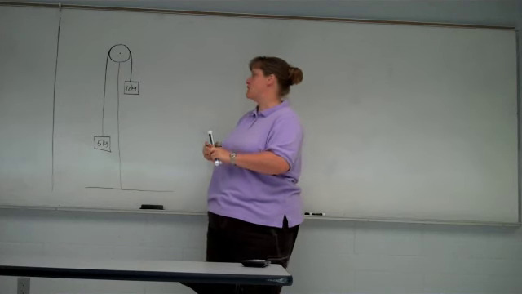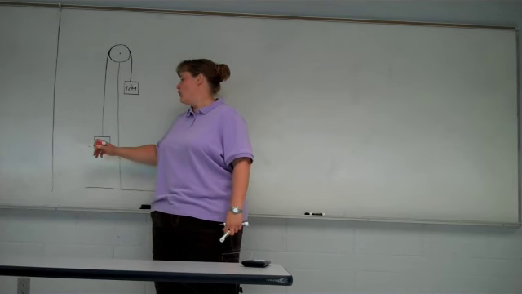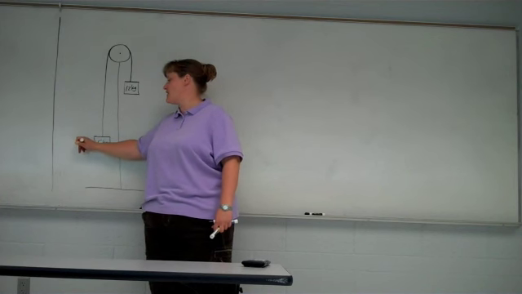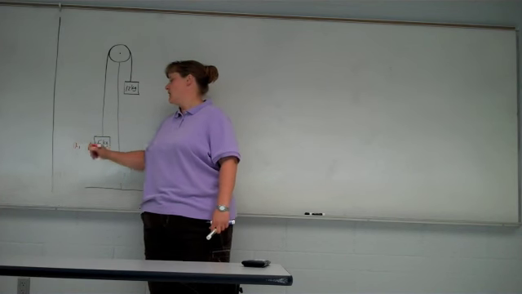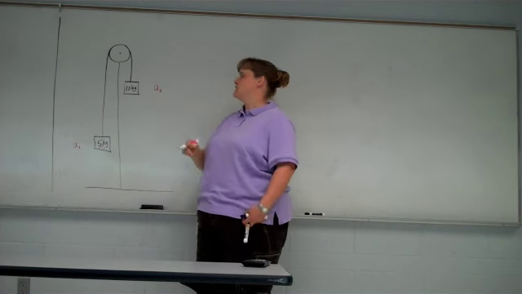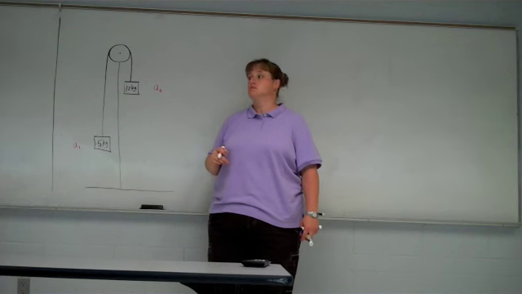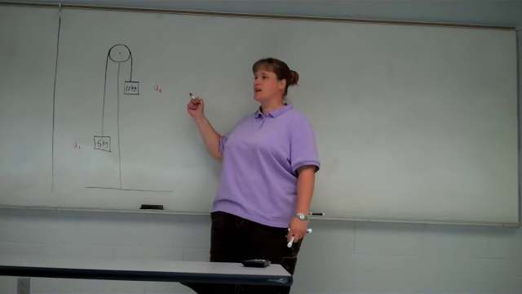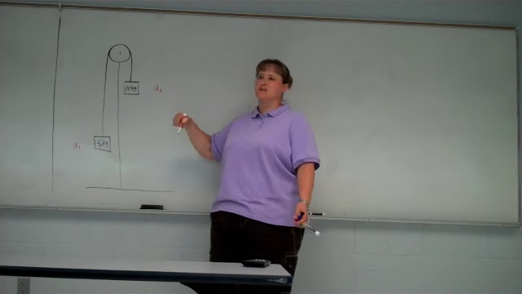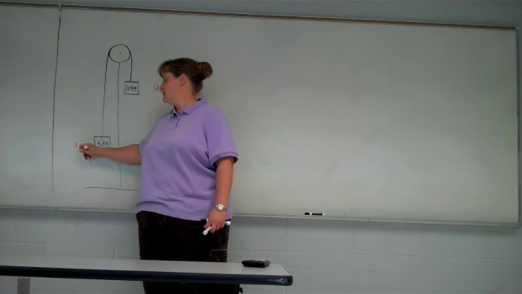What can you tell me, if we call this mass 1 again, about the acceleration of mass 1 versus the acceleration of mass 2? Same magnitude, but opposite direction. So A1 will equal negative A2, or A2 will equal negative A1, whichever. So the rope is infinitely stiff as well then?